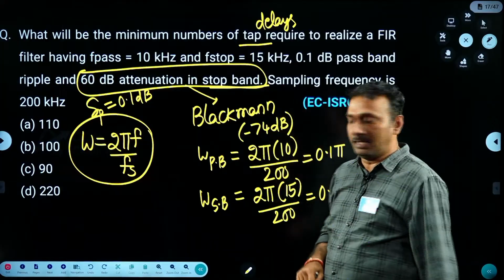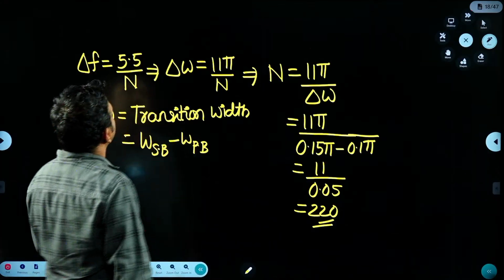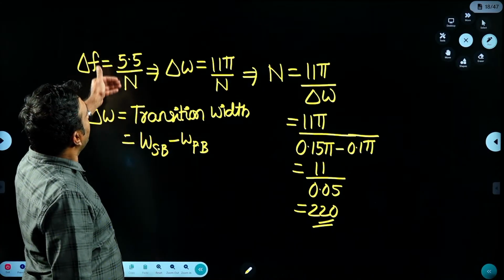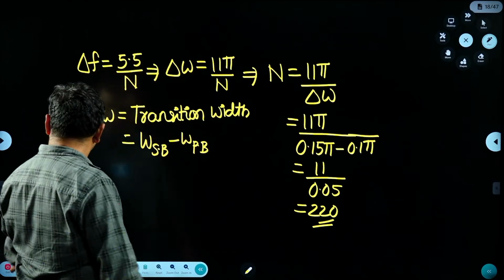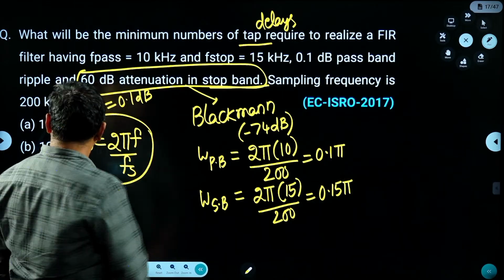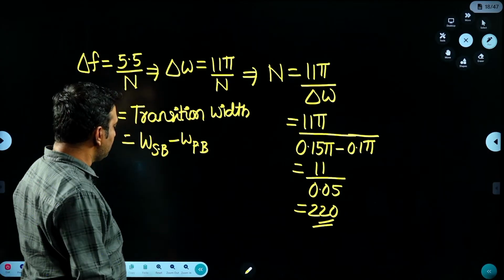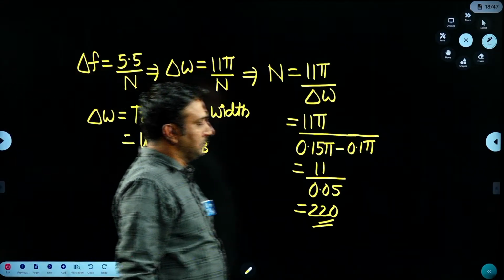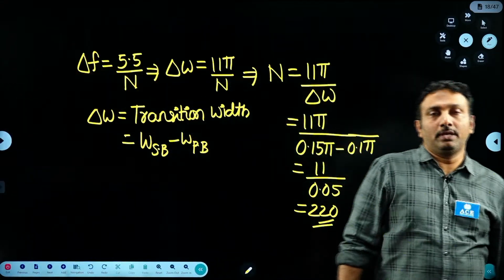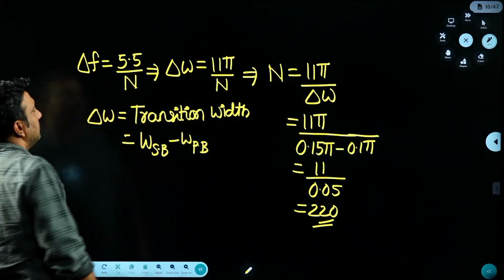After that, what is the transition width formula for Blackman? 5.5 by n, in terms of omega 11 pi by n. Calculate. We got the order. So it is one of the finest questions given in ISRO.